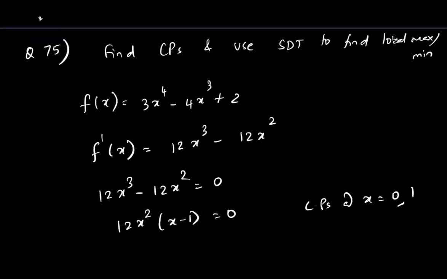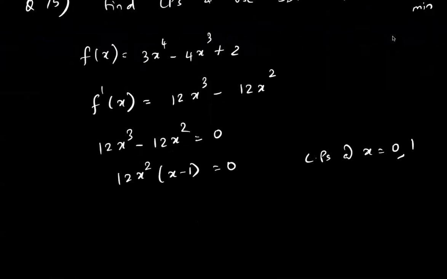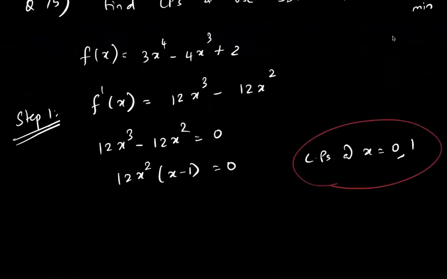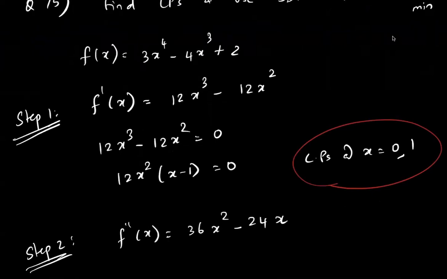Now, what you're going to do next, so this is your step one. What was your step one? You found the critical points using the first derivative. Now in step two, what are you going to do? You're going to find the second derivative. So that is 36x squared minus 24x.